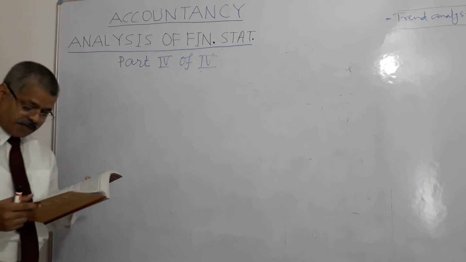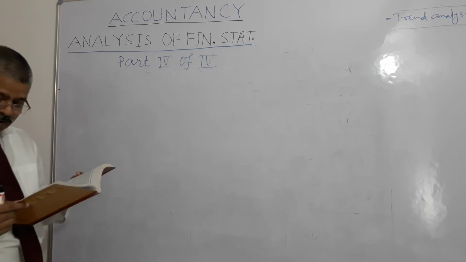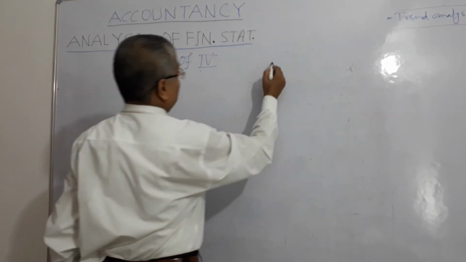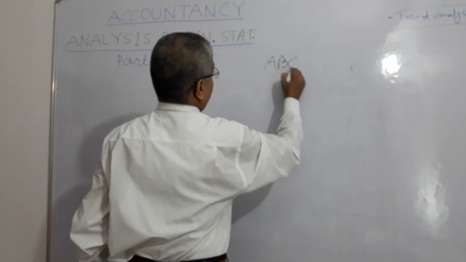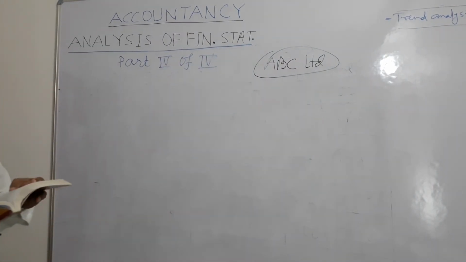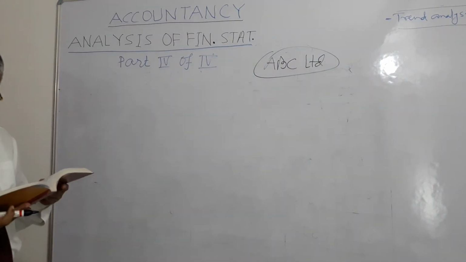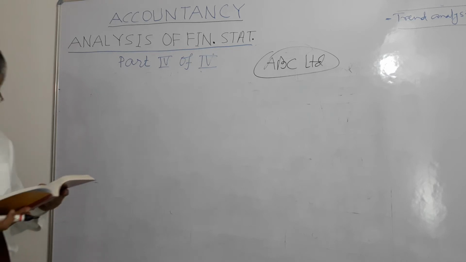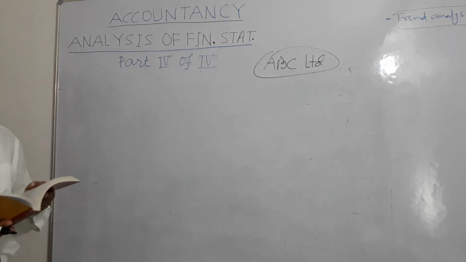from the following data relating to the assets of the balance sheet of ABC Limited, right? First we will write the company's name, ABC Limited, and here it is the balance sheet for the period ended March 11 to March 14, 4 years.